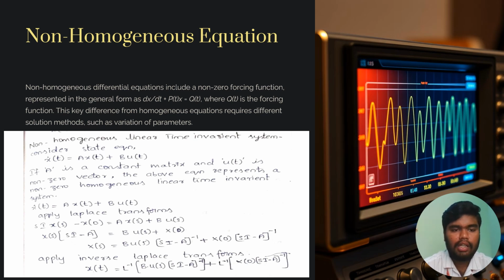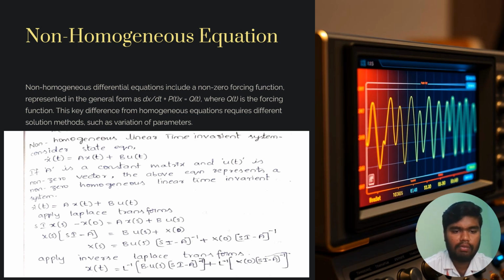So let's see the derivation of the non-homogeneous linear time invariant system. Let us consider the state equation as x dash of t is equal to A into x of t plus B into u of t. If A is a constant matrix and u of t is a non-zero vector, the above equation represents a non-homogeneous linear time invariant system.